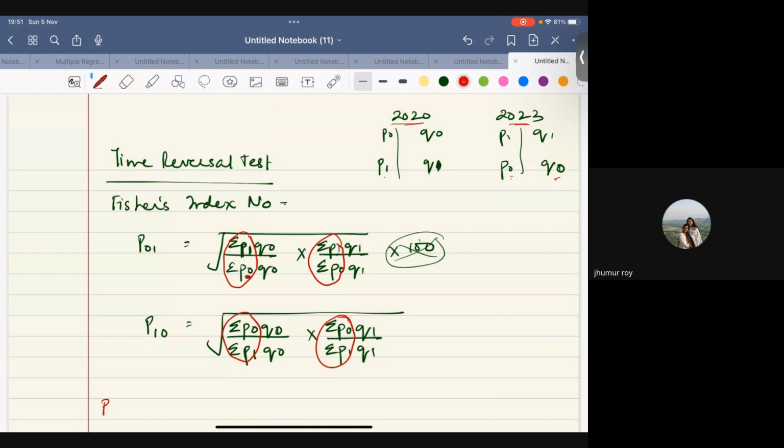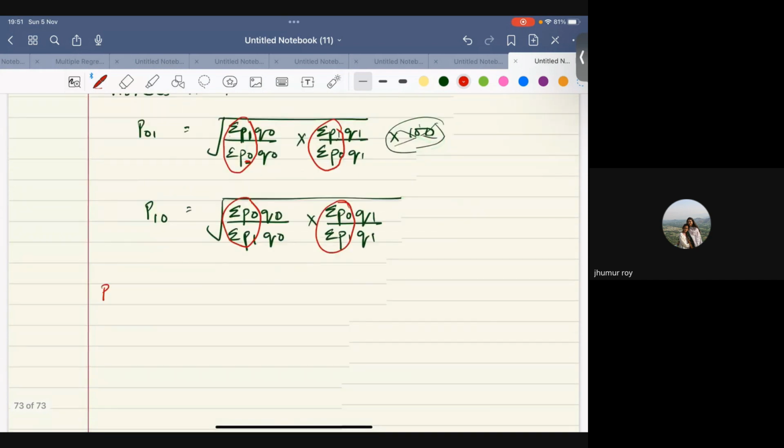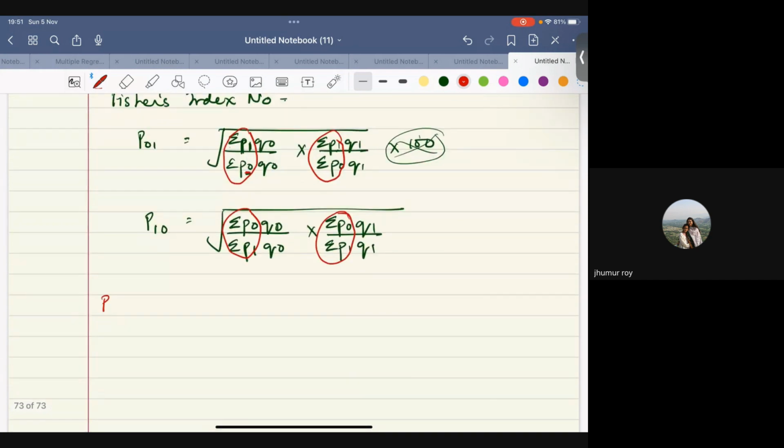It means you're comparing one to the other. So whatever you're comparing with will be the previous quantity, new quantity. Don't get very confused. This is not a very important thing, but I'm adding it. Just remember that instead of P1, you will write P0, and instead of P0, you will write P1.